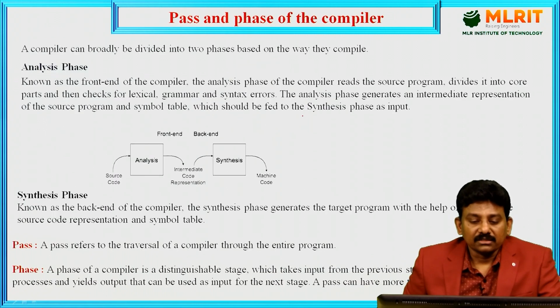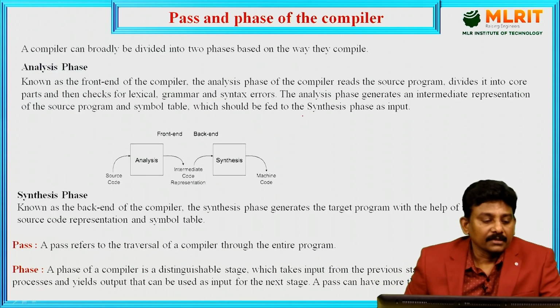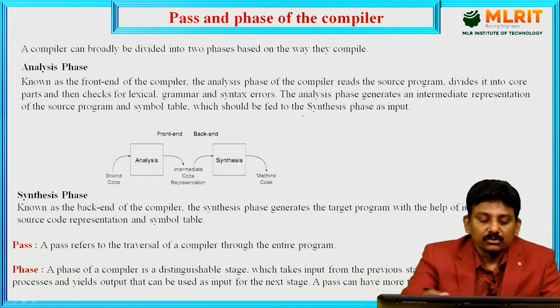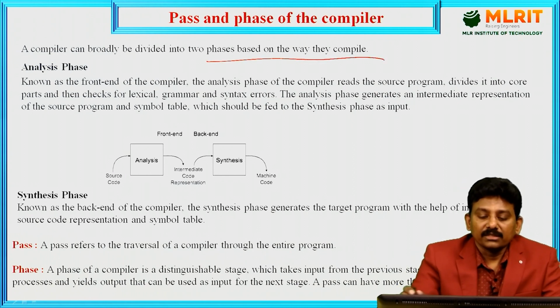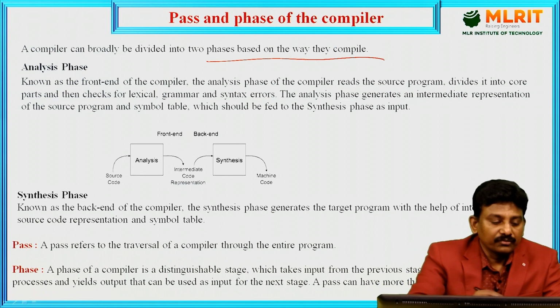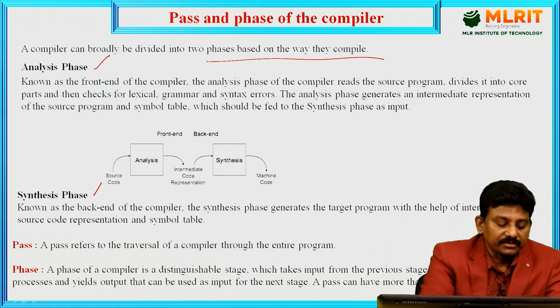Next, pass and phases of the compiler. A compiler can be broadly divided into 2 phases based on the way they compile. We have 2 phases, analysis phase and synthesis phase. The analysis phase is also called the front end, and the synthesis phase is also called the back end.